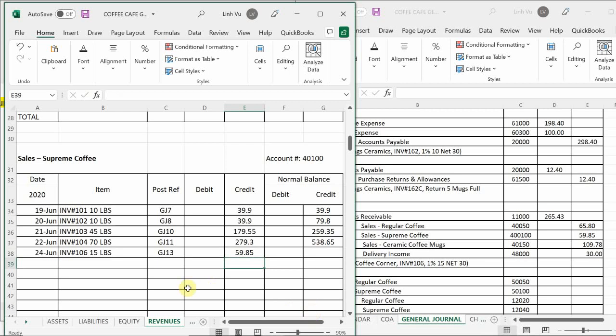So what's my ending balance here? 598.50. Good.